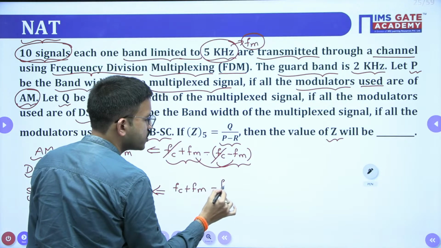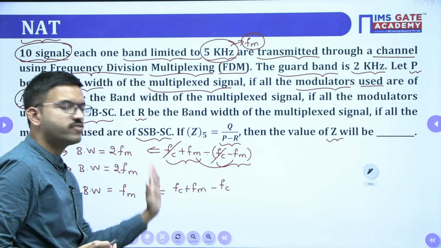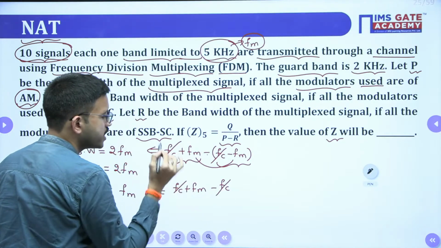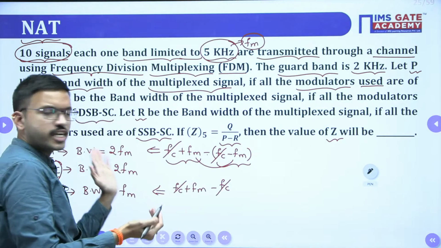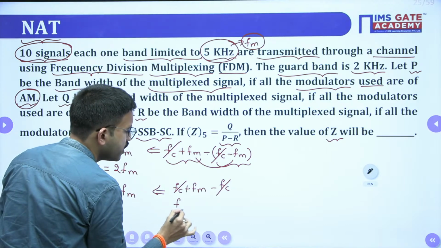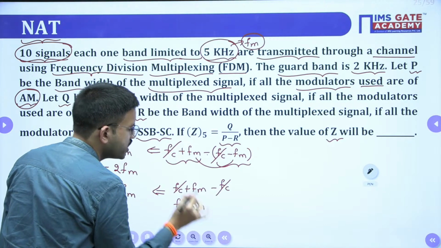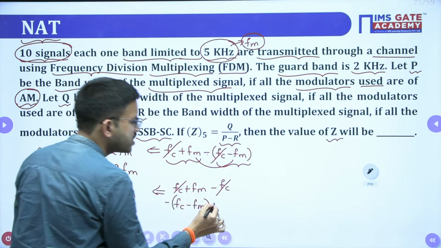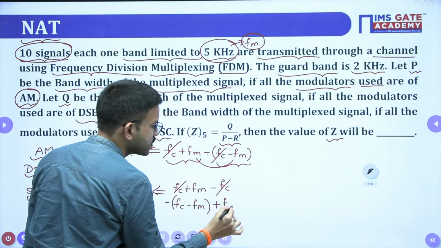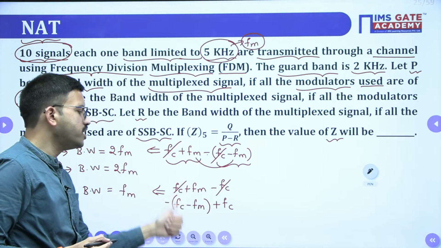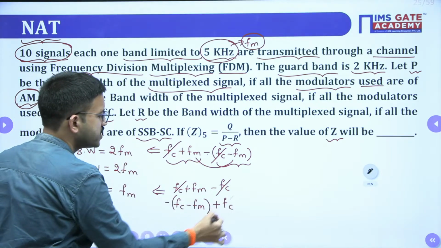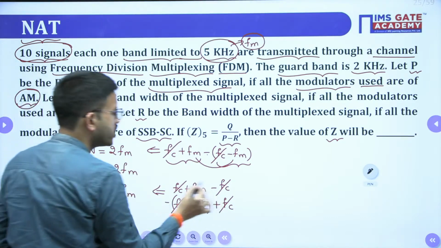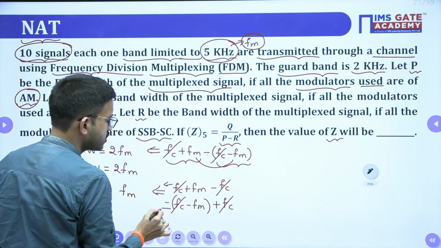If FC plus FM is the higher component, with the carrier frequency as the reference, FC gets cancelled. If you consider the lower sideband, FC minus FM is the lower frequency component. The higher component FC minus the lower FC minus FM, FC gets cancelled, and minus of minus gives plus FM.